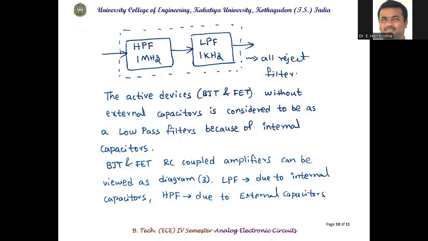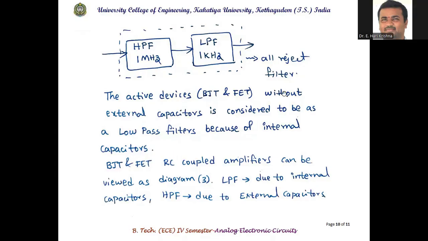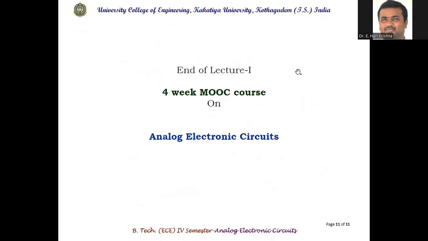The low pass filter is due to internal capacitors, and the high pass filter is due to external capacitors. So this is the end of lecture 1. We discussed the frequency response analysis of both the RC low pass filter and RC high pass filter, and its behavior is perfectly useful in the analysis of all discussion of BJT and FET.